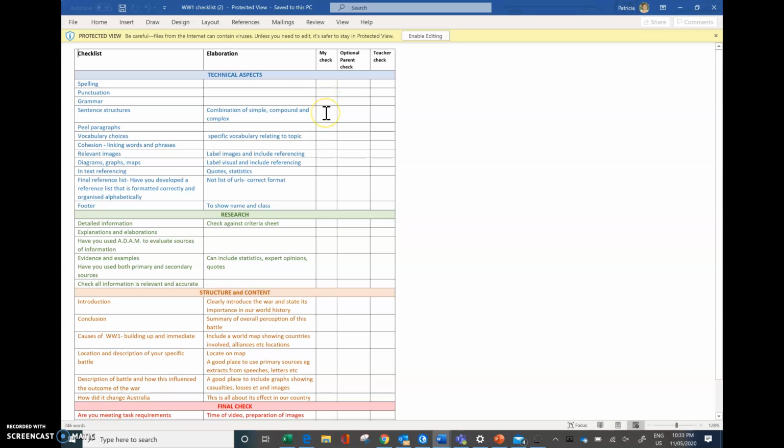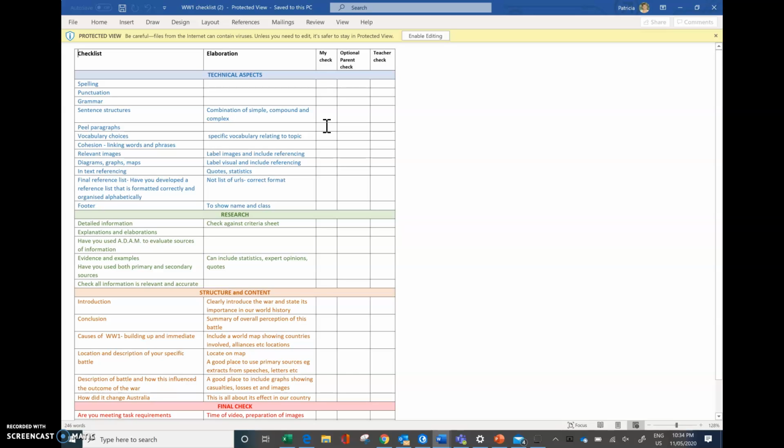Sentence structures. Do you have a mix of simple short sentences, and do you have longer sentences that provide complexity so that people can have a variety of sentences to listen to? Do you have PEEL paragraphs?